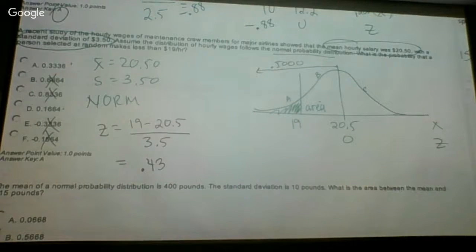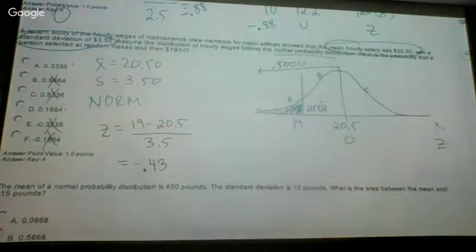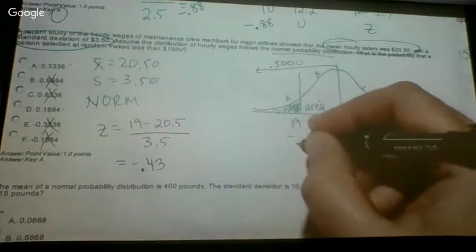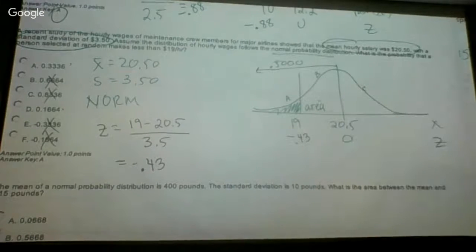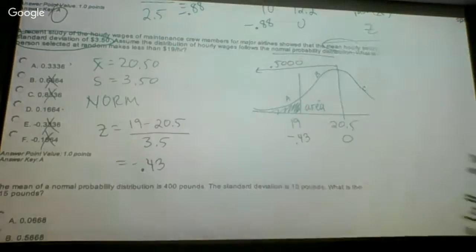I don't know, man. Something off about that z-score. Let z-scores be negative. Now that I have a z-score, I got to take that z-score to the table.